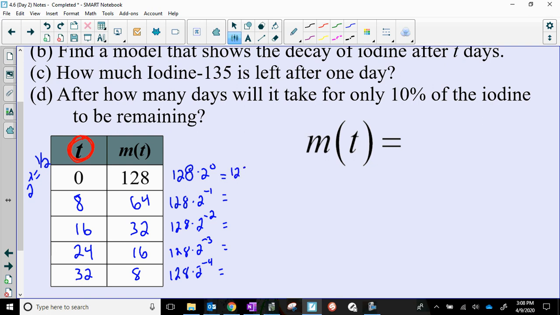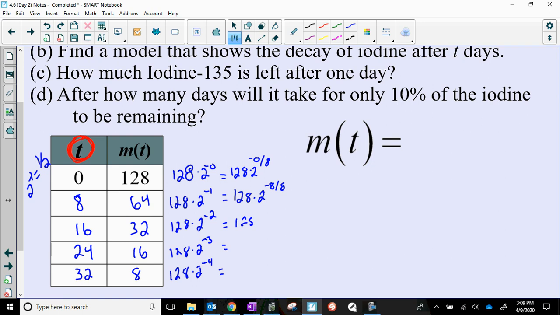So 128, and let me go ahead and just put negative 0. I know it's kind of weird, but that'll help us out. Negative 0 divided by 8. Sorry, that's times 2 to that power. So 128 times 2 to the negative 8 divided by 8. That gives us our negative 1.